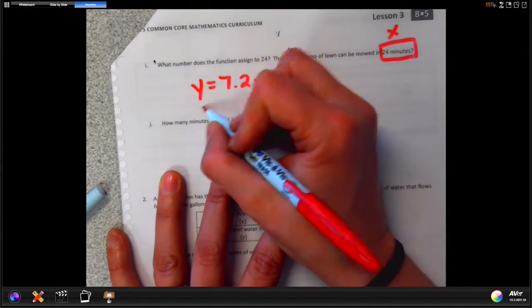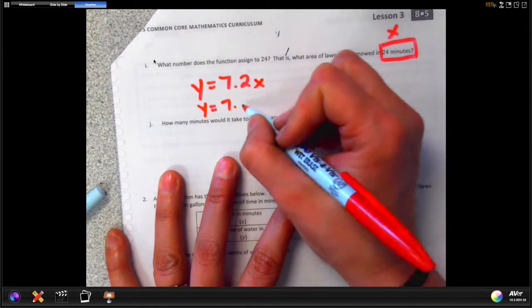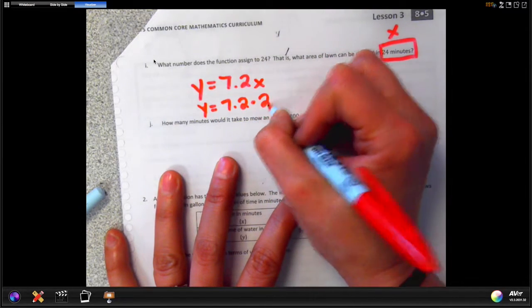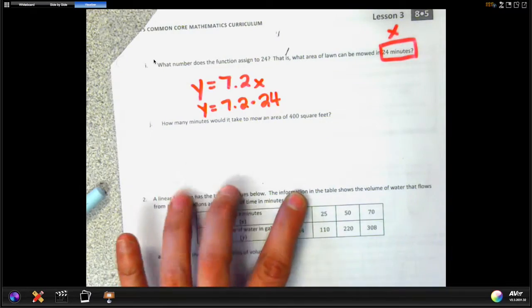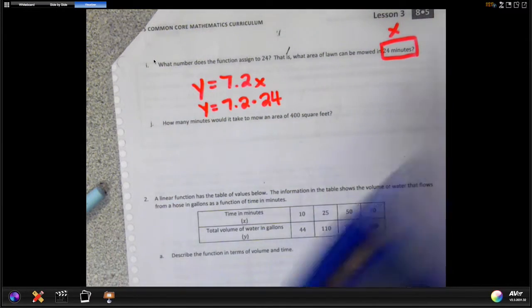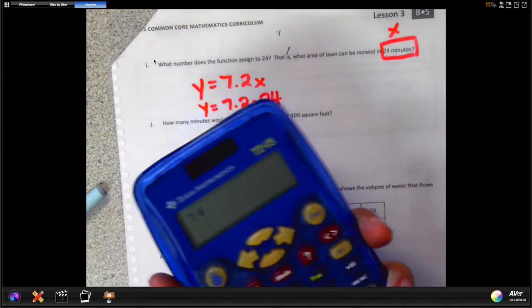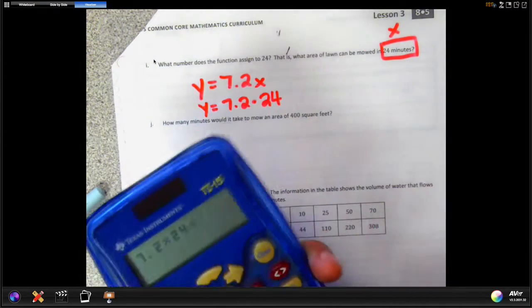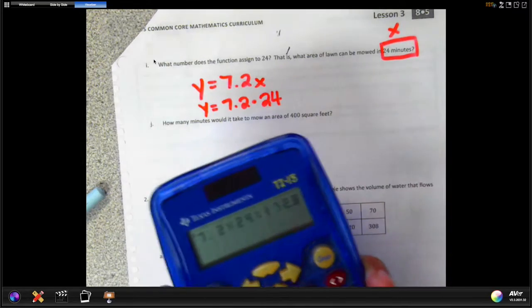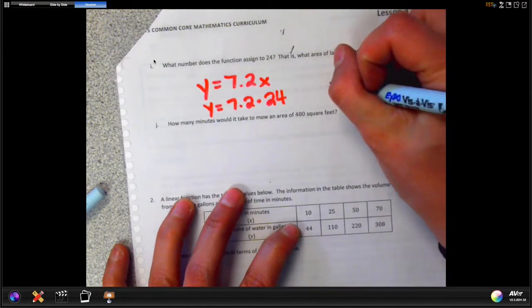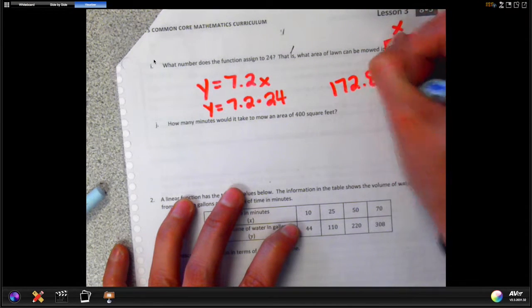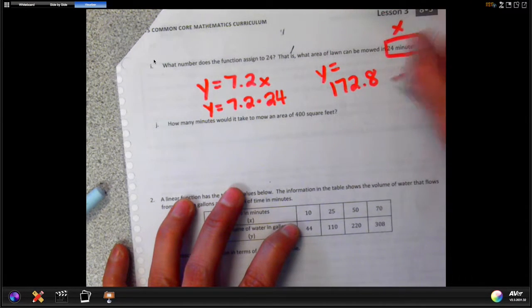So we want y equals 7.2 times 24, and that should tell us how many square feet can be mowed, okay? You probably need a calculator here, but if you don't, you can just do it. That's fine too. So I get 172.8. So y equals 172.8 square feet.